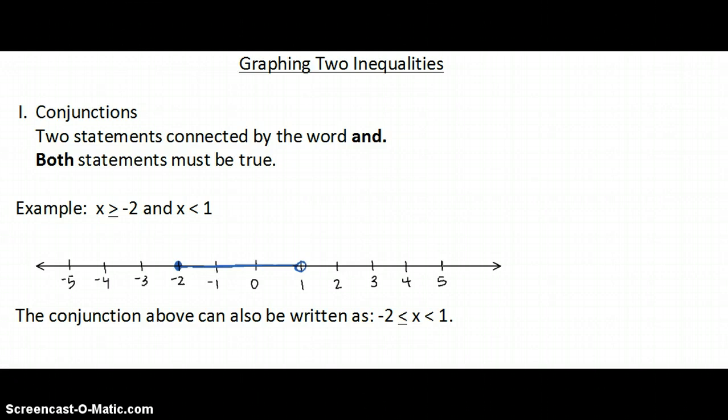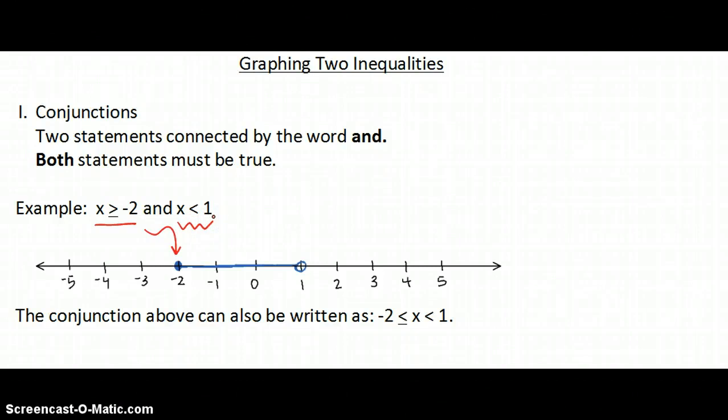So for example, a conjunction would be x is greater than or equal to -2 and x is less than 1. So we can first start by figuring out what our graphs would look like. If we pay attention to the first inequality, we know that a greater than or equal to sign would be graphed with a closed point at -2.